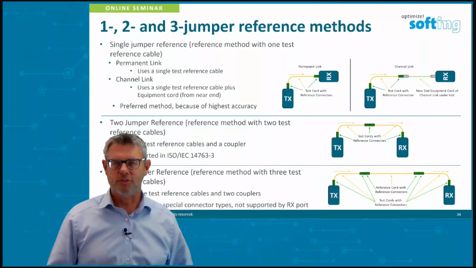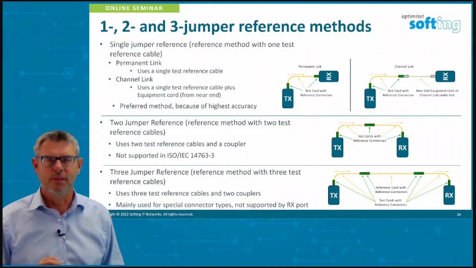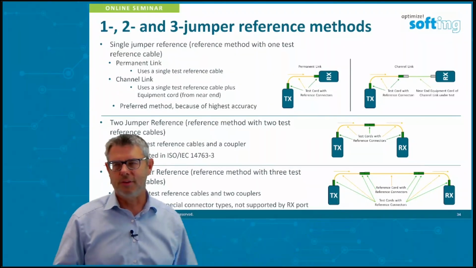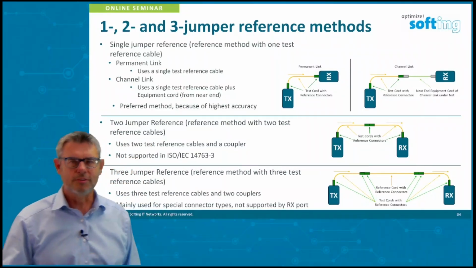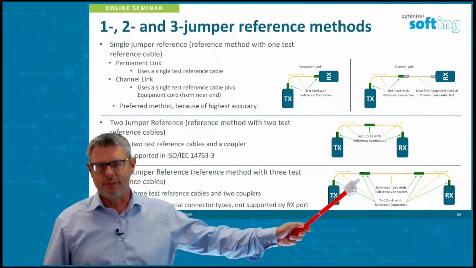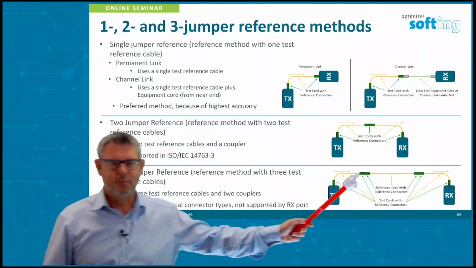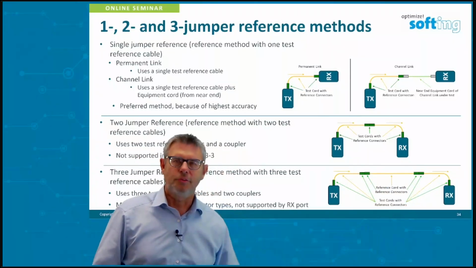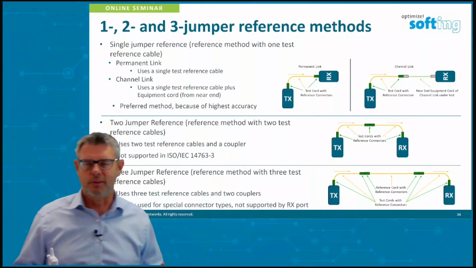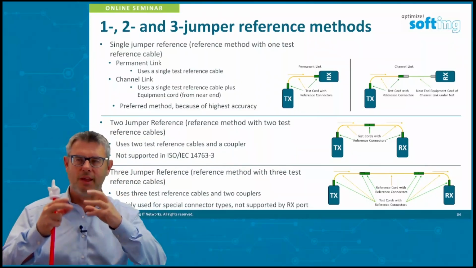3 jumper means 3 high precision test reference cords are connected together and give you a zeroing of the system. This is allowed to be used when the interface of the system itself is not possible to bring to the receiving ports. For example, when you work in industrial environments, sometimes there are really big fiber optic lens connectors.